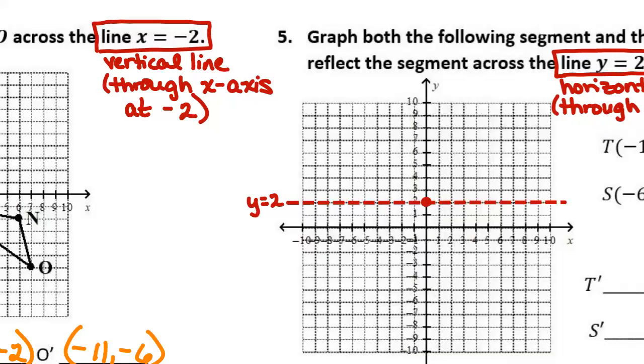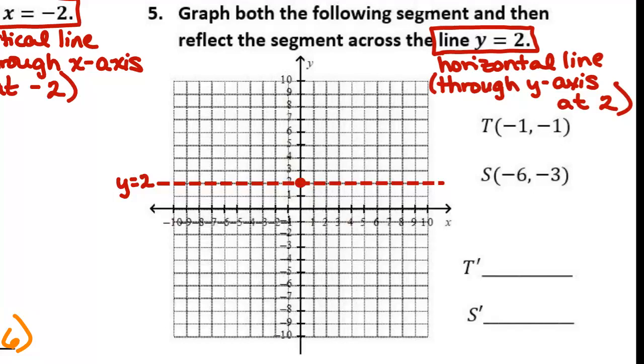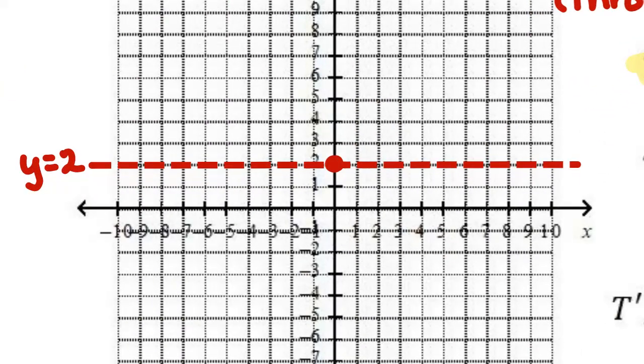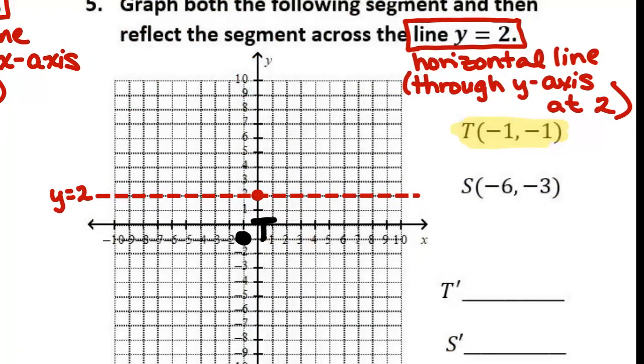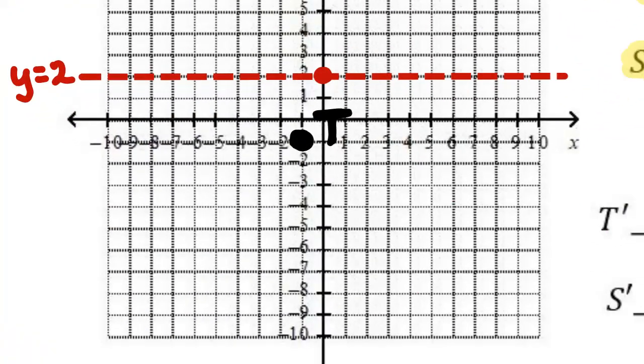They did not have anything graphed on here for me originally, but they did give me 2 ordered pairs. T is -1, -1. Well, -1, -1 is right here. So I'm going to label that T. And then the other point that they gave me was point S, -6, -3. -6, -3 is right here.